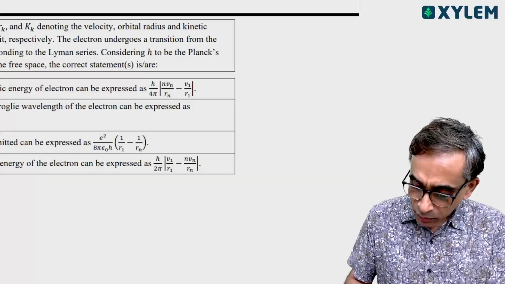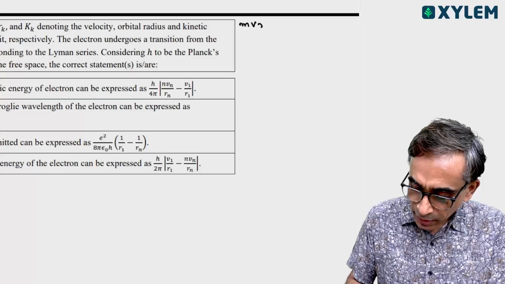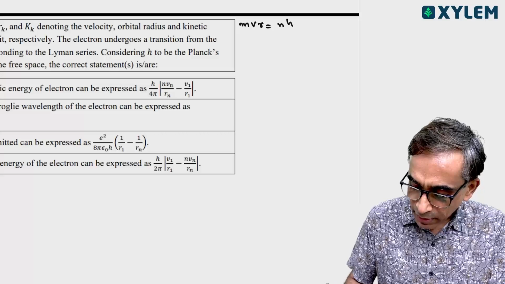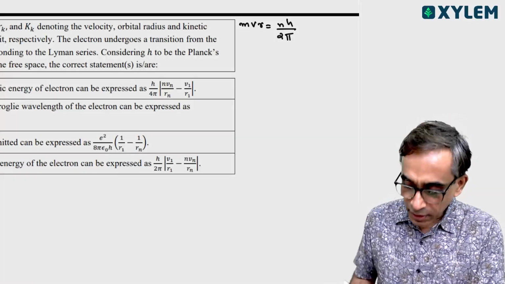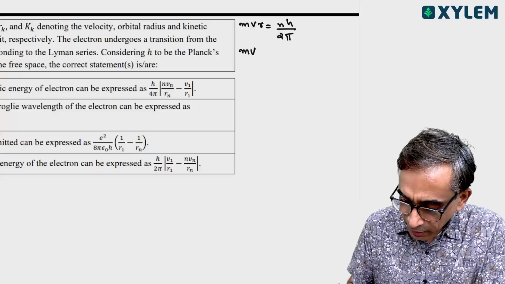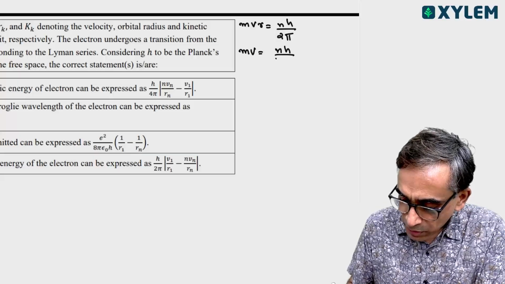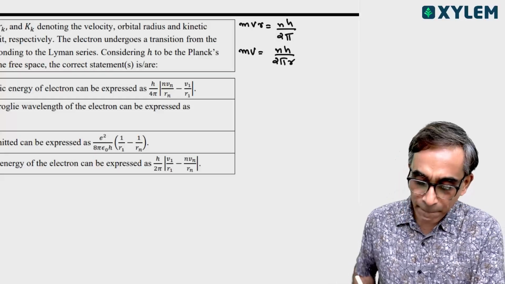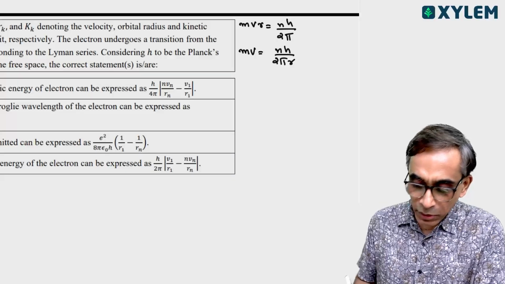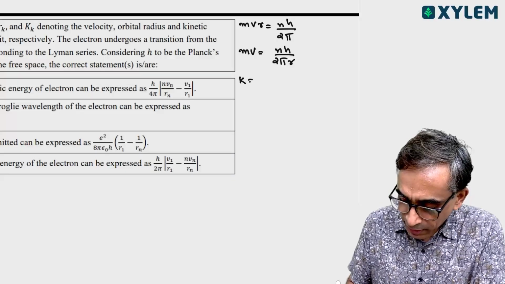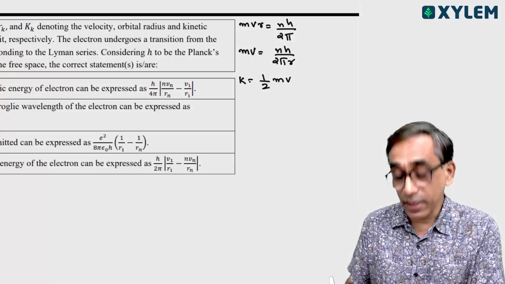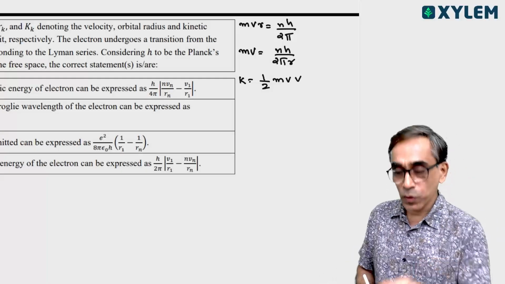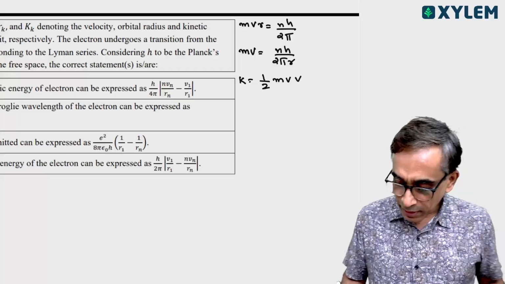We already know from Bohr's postulate that mvr is nh by 2 pi. From this I am writing mv equal to nh by 2 pi r. Now what is the equation of kinetic energy? Normally kinetic energy is written as half mv squared. So I am writing it as half mv into v, so that I can substitute mv here.